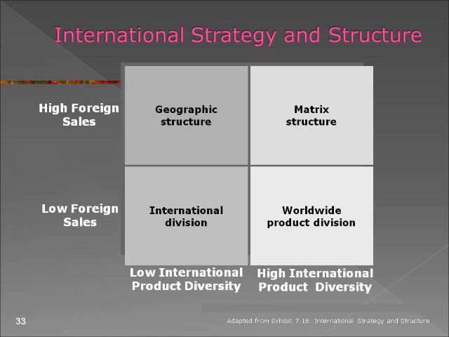What is international strategy? An international strategy is a strategy through which the firm sells its goods or services outside its domestic market. One of the primary reasons for implementing an international strategy is that international markets yield potential new opportunities.